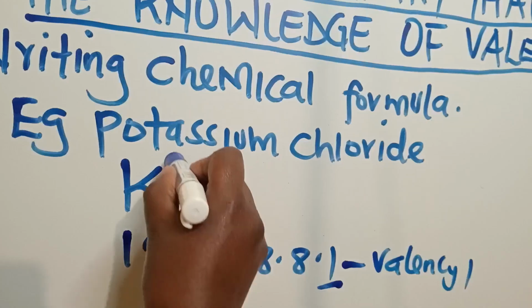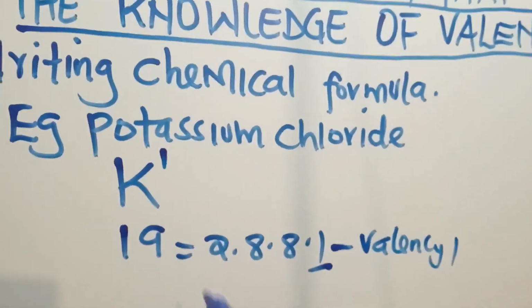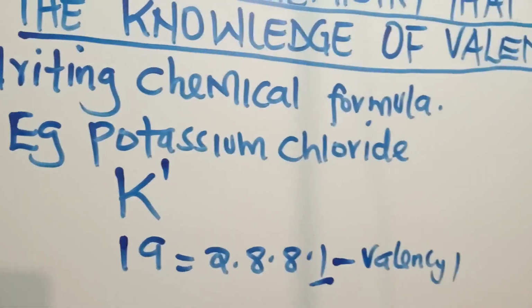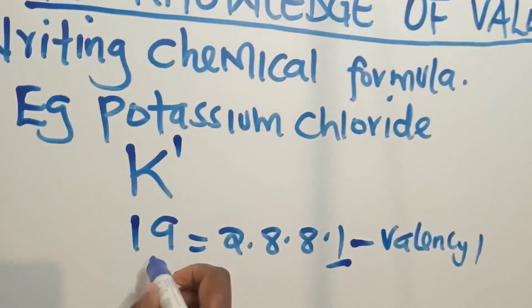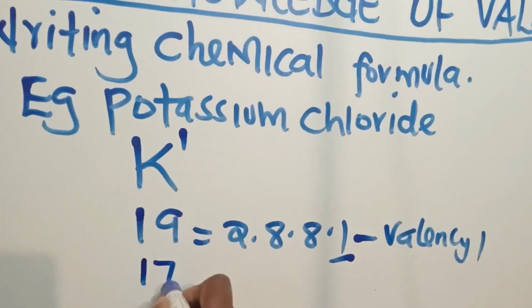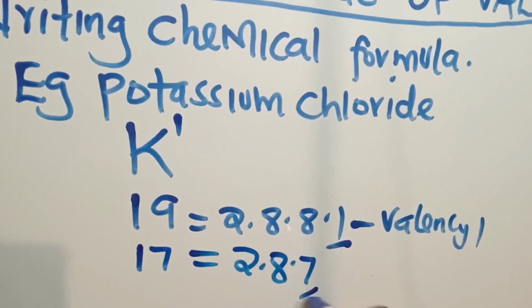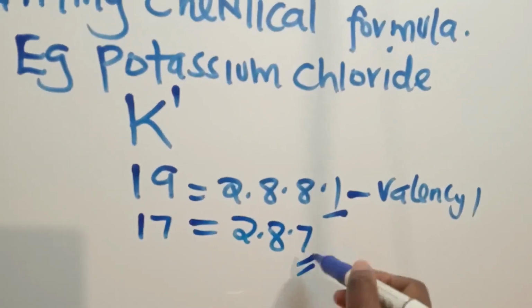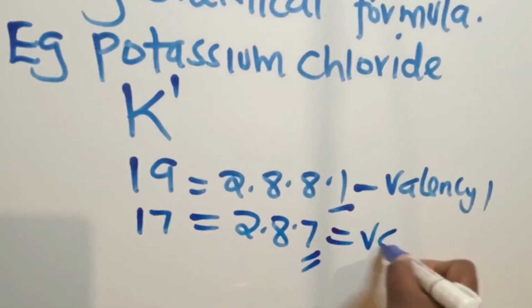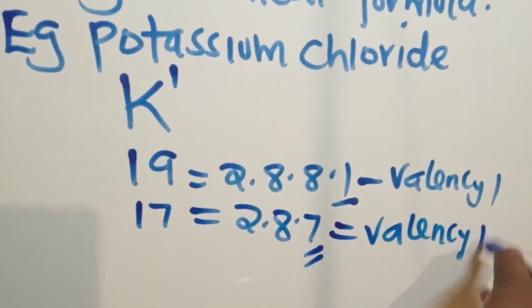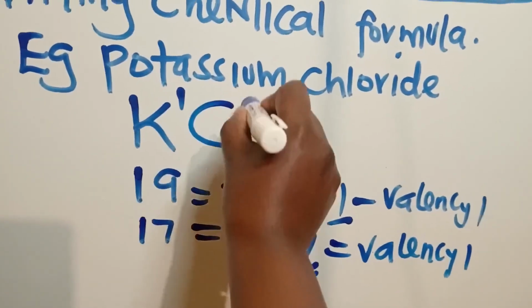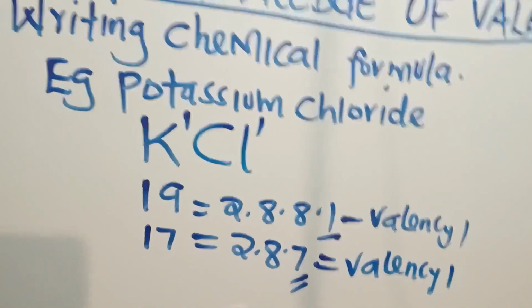So for potassium, you indicate the valency at the top there. For chlorine, which is atomic number 17, it has 2.8.7, required to gain 1 electron. So again, the valency is 1. So again, you write chlorine and the valency 1 there.